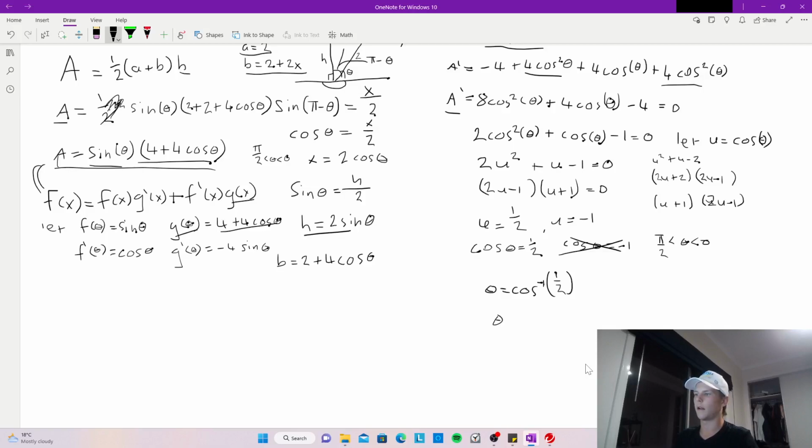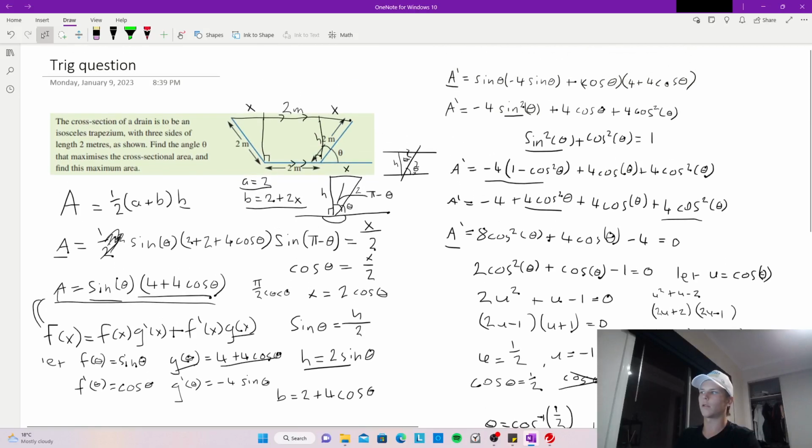And then just knowing your exact values, we know that theta is going to be equal to pi over 3, and that is within our domain, so we're happy. So we got our theta is equal to pi over 3. So we found our first answer to this entire question. Through all that, we still find the angle theta that maximizes the cross-sectional area. We only just found it after all that.